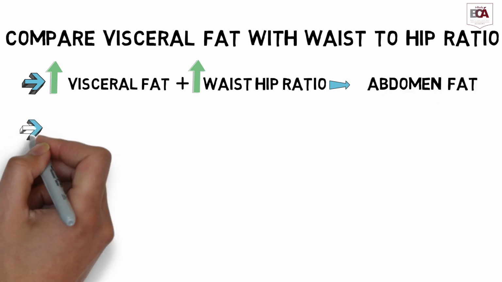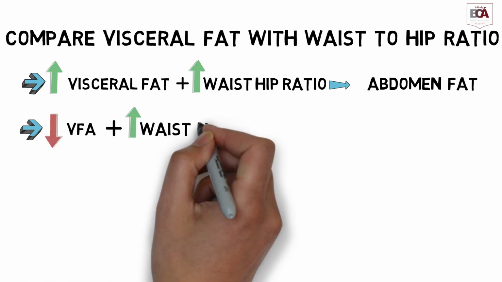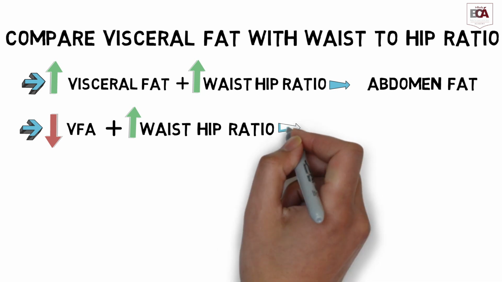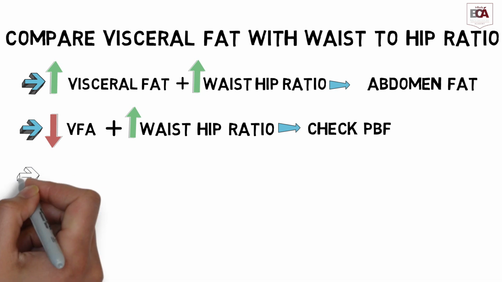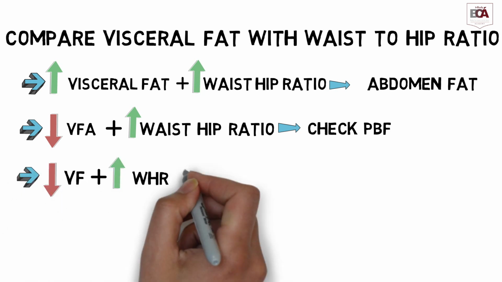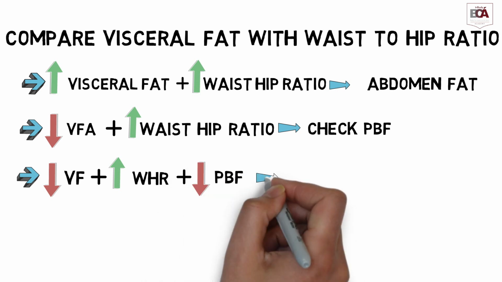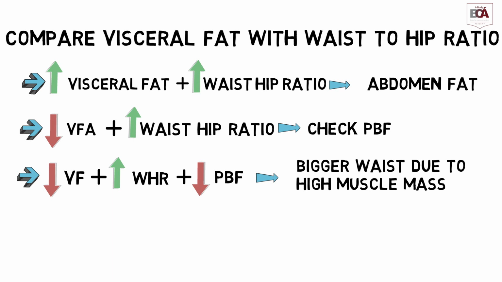However, there will be certain people who have low visceral fat area with high waist to hip ratio. For such kind of population, you must check the percent body fat as well. If someone has low visceral fat, high waist to hip ratio, and low percent body fat, then the person has a bigger waist due to high muscle mass.